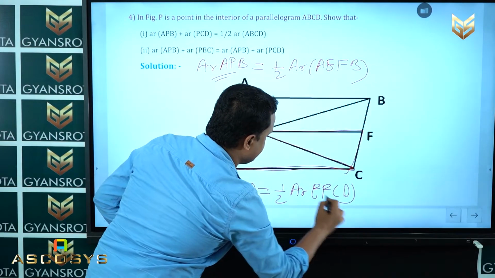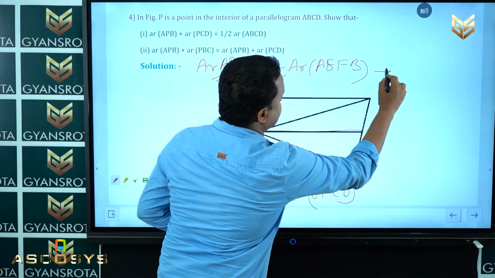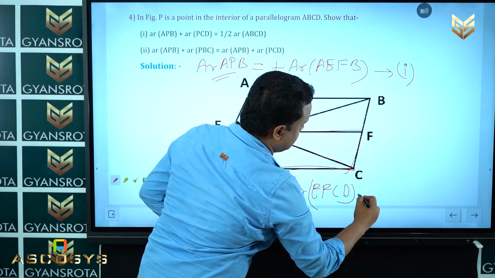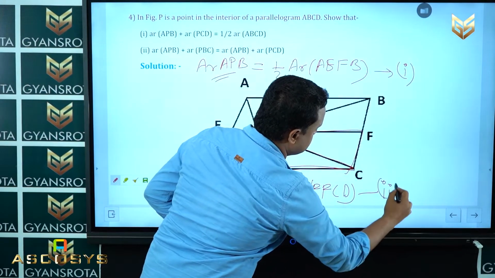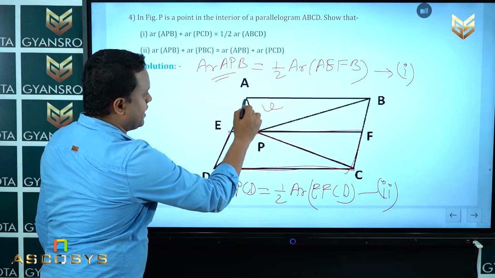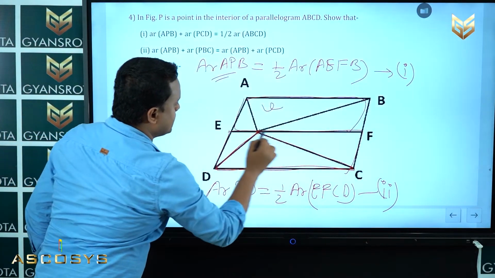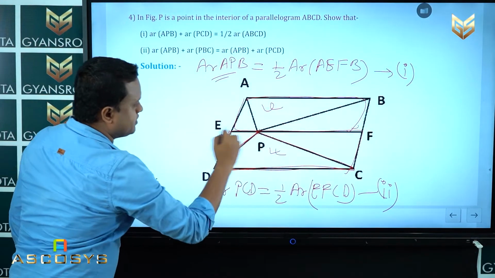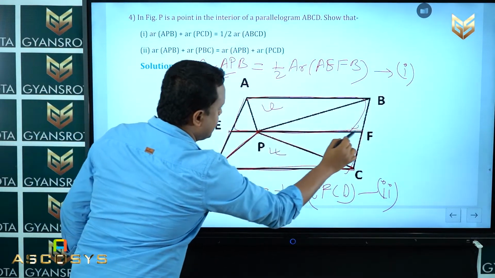Let's take this as equation 1, and this as equation 2. So area of this triangle is equal to half of the area of this parallelogram, and similarly area of this triangle is equal to half of area of this parallelogram.